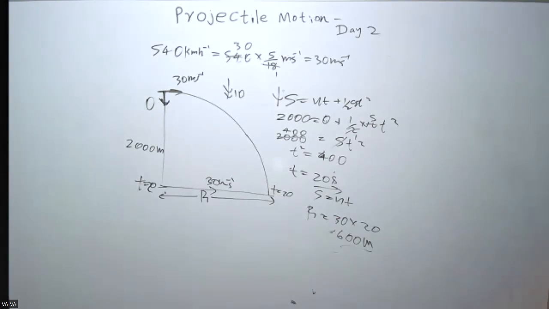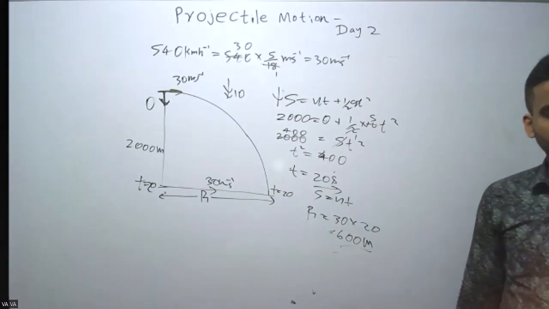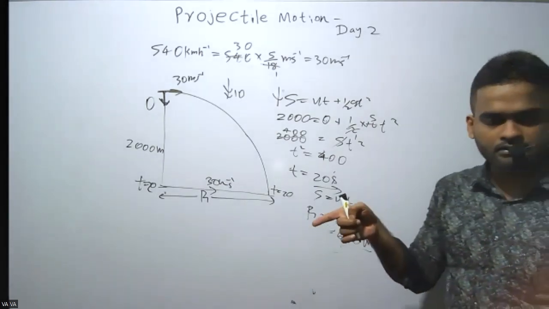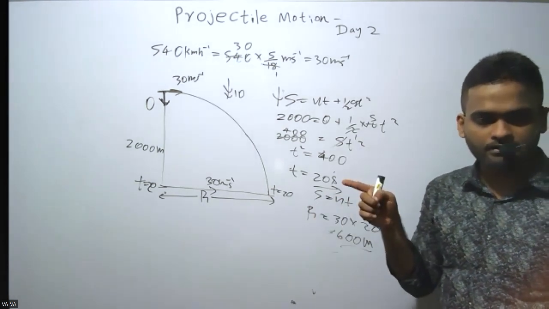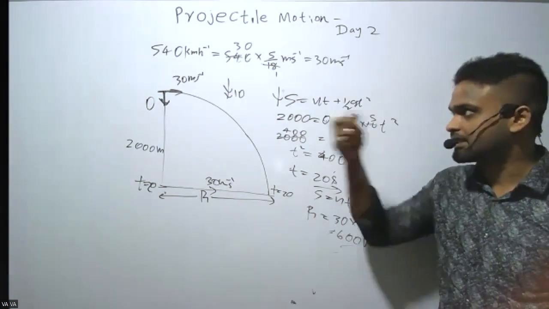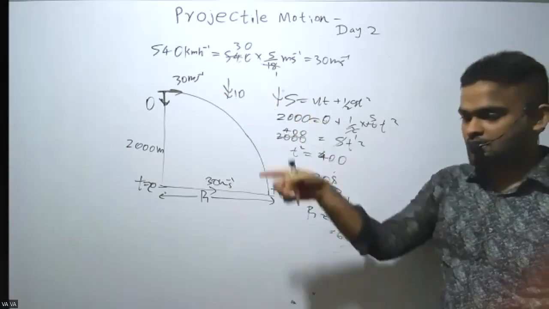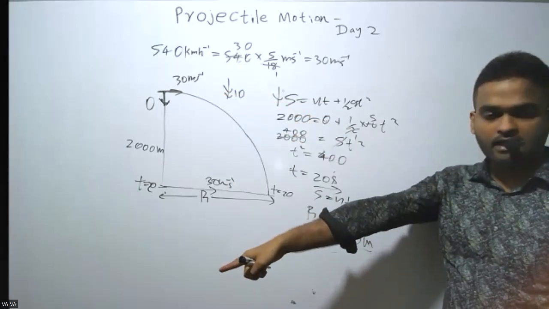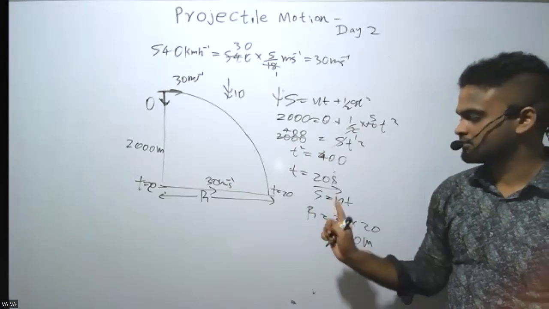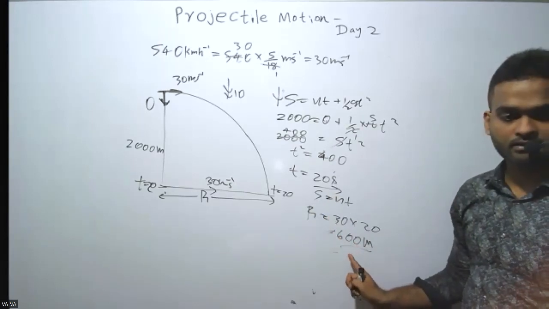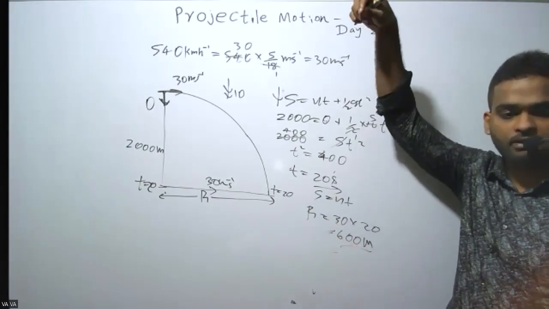Got it? So if you have a target, and you are flying on an F-35 horizontally at this speed, you have to see the target from the ground at 600 meters, right? You cannot drop the bomb right above the target.